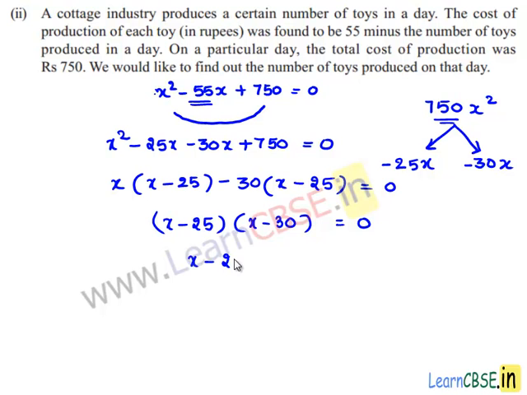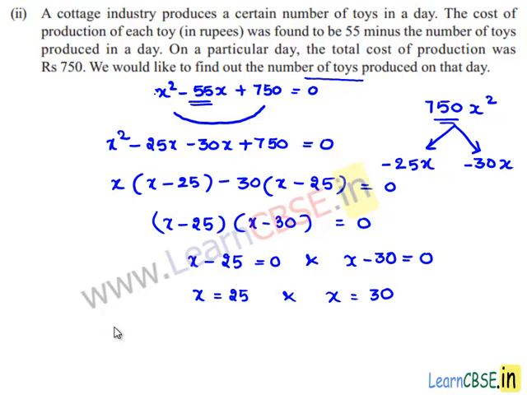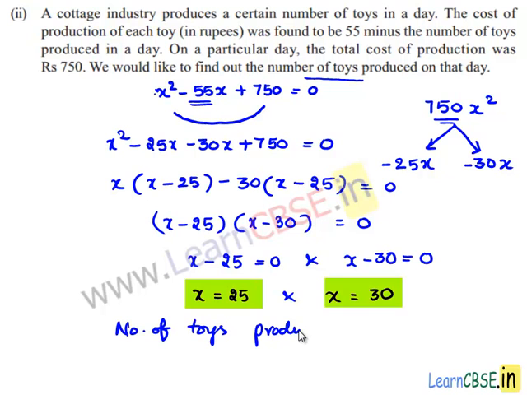We can write x minus 25 is equal to 0 and x minus 30 is equal to 0. So x will be 25, also x will be 30. Here we need to find the number of toys produced on that day. The number of toys produced can be either 25 or 30.